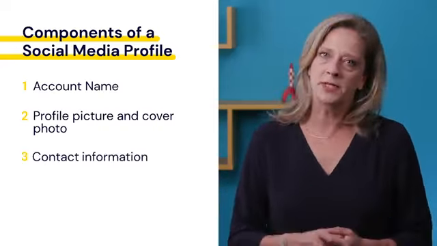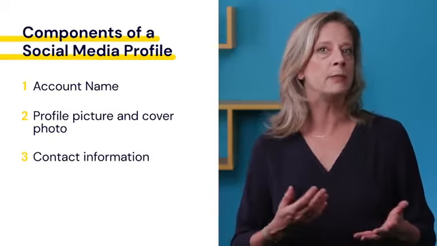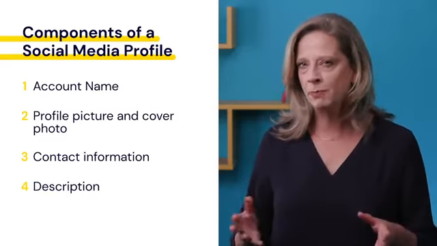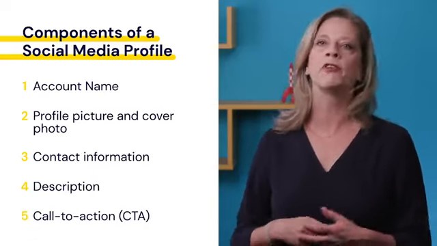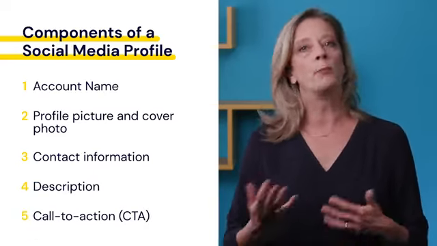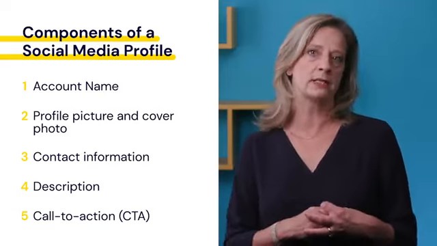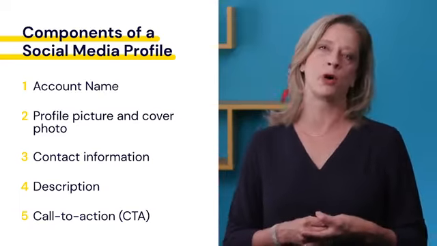Then there's the business contact information, the website, physical address, hours of operation, and email or phone number. Fourth, there's typically a description of what the business or the brand does or offers. And finally, many profiles will have a call to action, a button or a sentence that lets people know what the business would like them to do next. That could be shop, make a reservation, get more information, and so on.